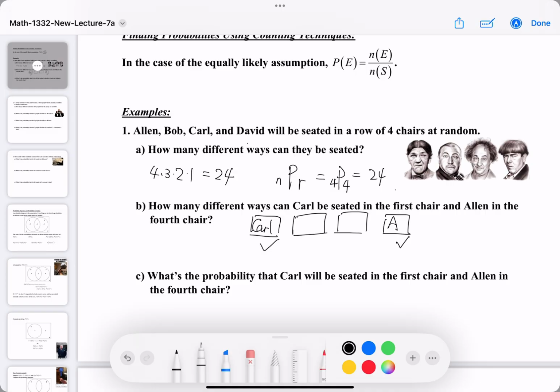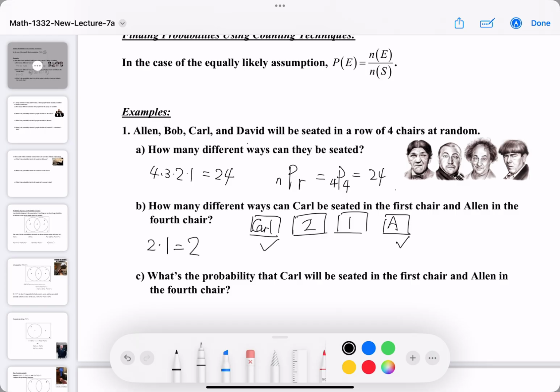I can choose the person seated in the second chair from the other 2 people, Bob and David, so the second chair has 2 options. For the last chair, I have only 1 option. So 2 times 1 equals 2.